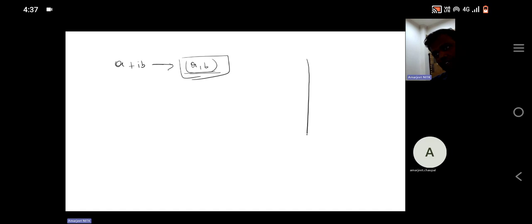Here suppose this is our y-axis and this is the x-axis. This is also known as the real axis, and this is known as the imaginary axis.